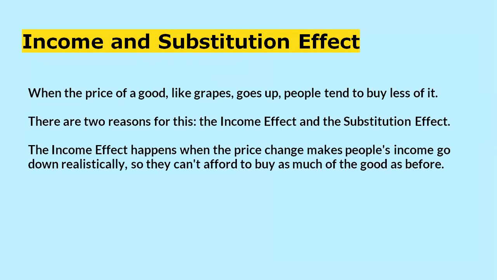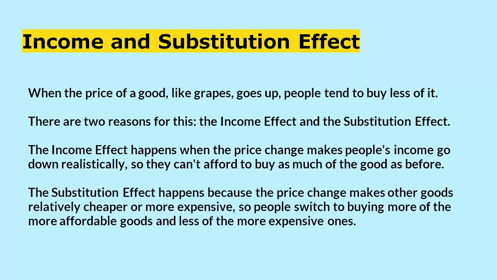The income effect happens when the price change makes people's income go down in real terms, so they can't afford to buy as much of the good as before. The substitution effect happens because the price change makes other goods relatively cheaper or more expensive. So people switch to buying more of the more affordable goods and less of the more expensive ones.